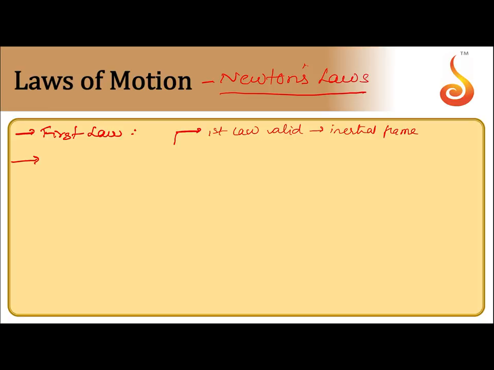So, a frame of reference in which first law is valid is called inertial frame. And if a frame of reference is at rest or in uniform motion, then it is called non-inertial frame. It is called non-inertial frame.